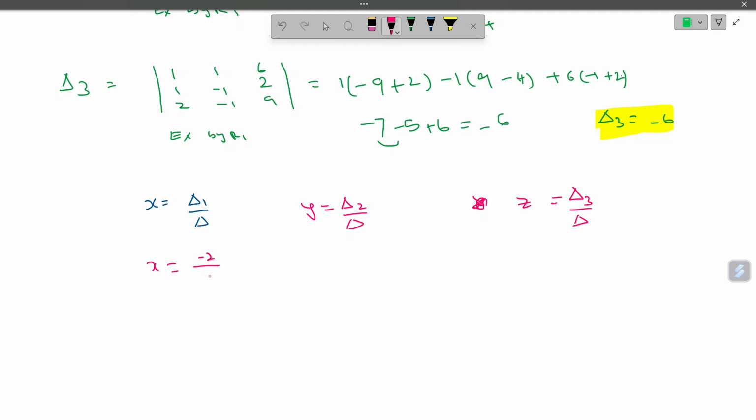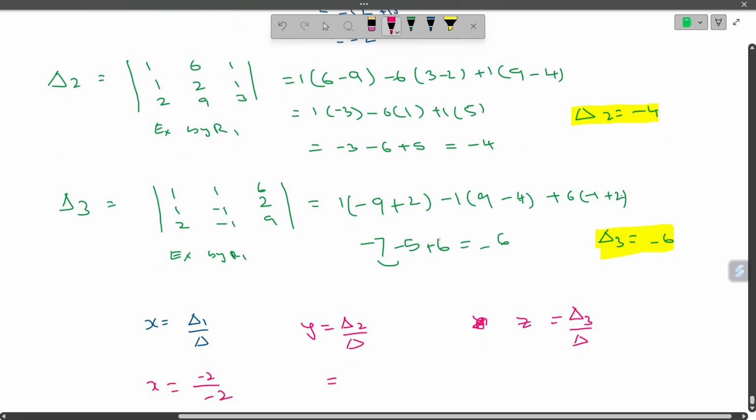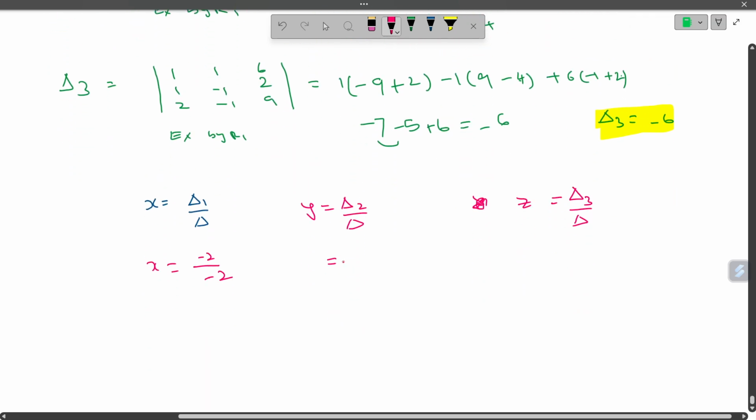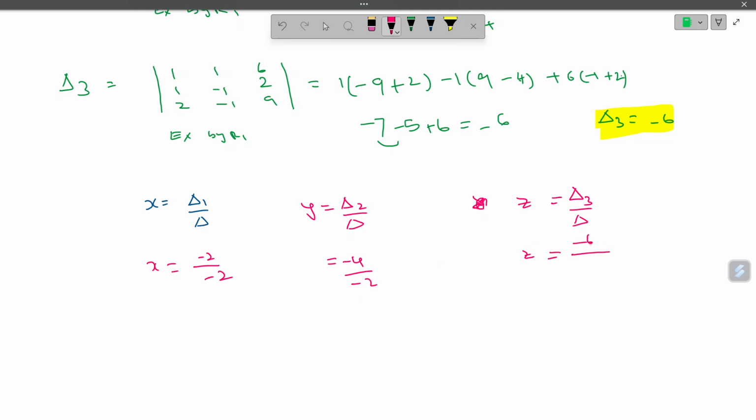Del 1 we got minus 2, and del is also minus 2. Del 2 is minus 4, minus 4 by minus 2. And del 3 is minus 6 by minus 2. Both sides minus, minus, minus, they get cancelled. 2 by 2 is 1, so x is 1. 2 twos are 2, so y equal to 2. 2 threes are 6, so z equal to 3.